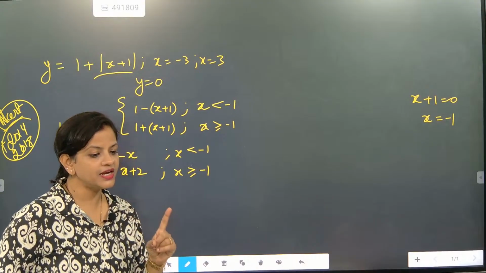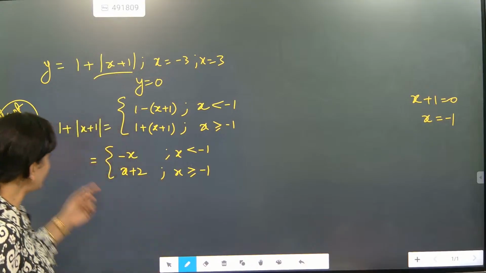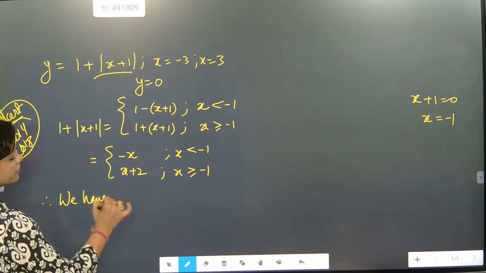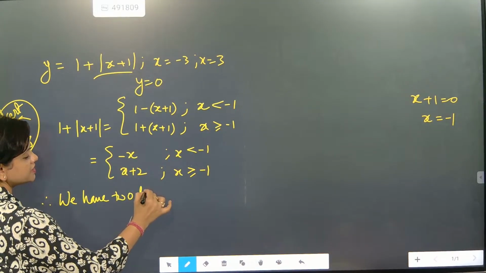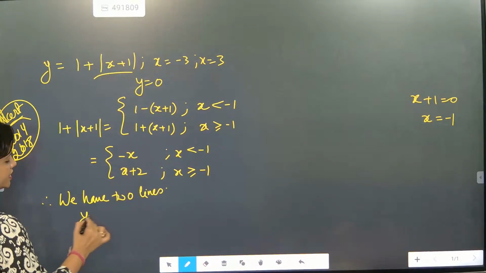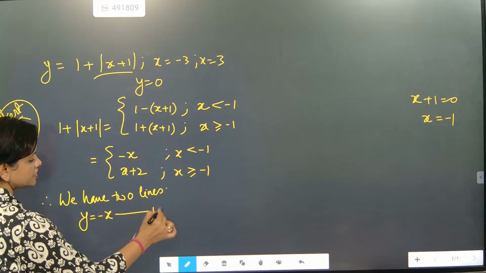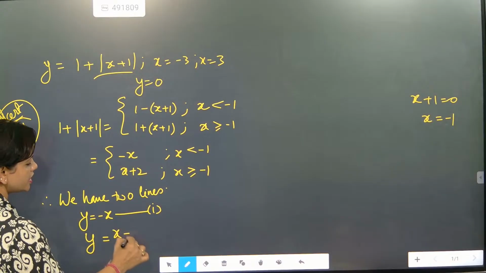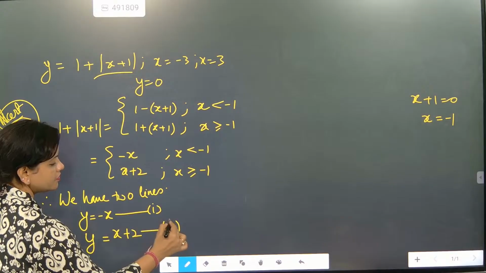How many lines are we getting here? Two lines. First one is y is equal to minus x. This is the first line. Second line is y is equal to x plus 2. This will be line number 2.